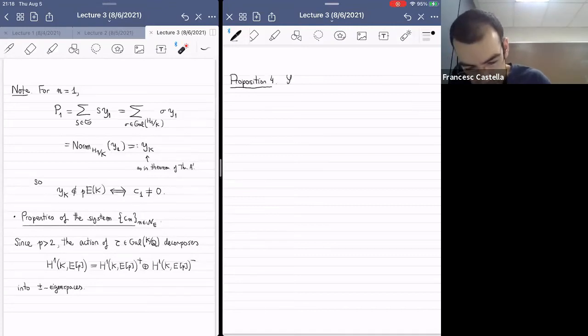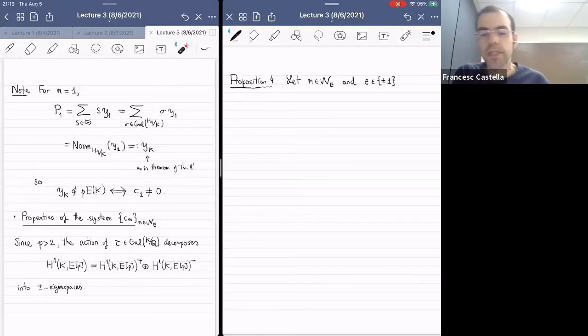Okay, so let n be one of these integers for which we have defined these classes, and epsilon to be, as it was in lecture 1, the opposite to the sign in the functional equation, such that L(E,s) is minus epsilon L(E,2 minus s).